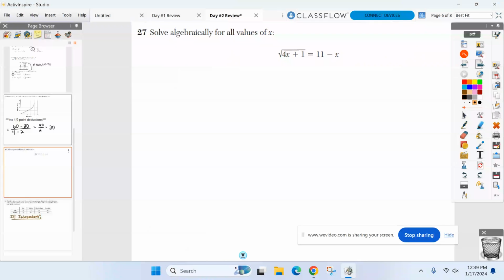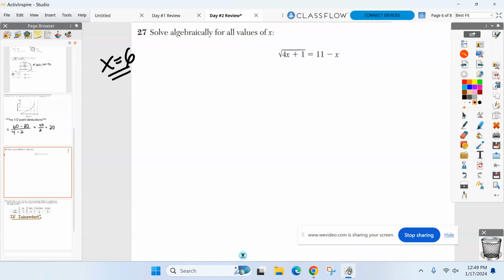Know what the answer is before we even start this bad boy. Okay, should be 6. All right, should be 6. Keep that in mind at the end.